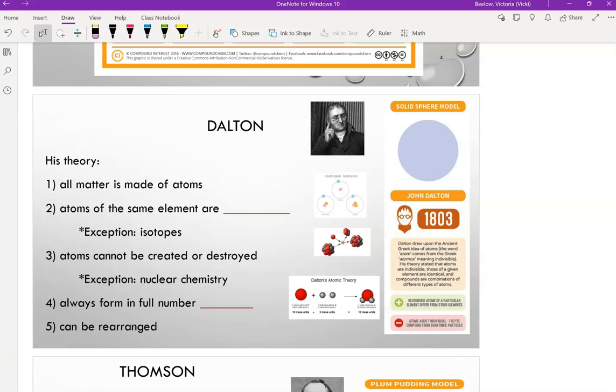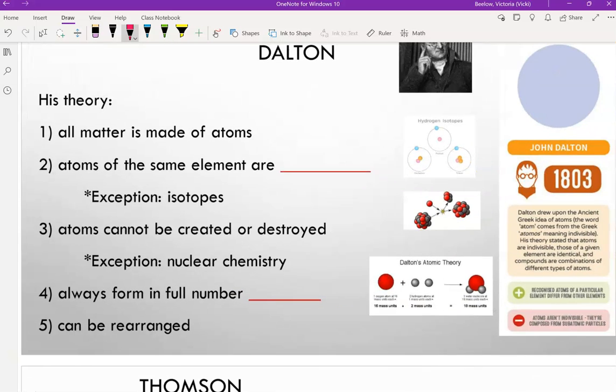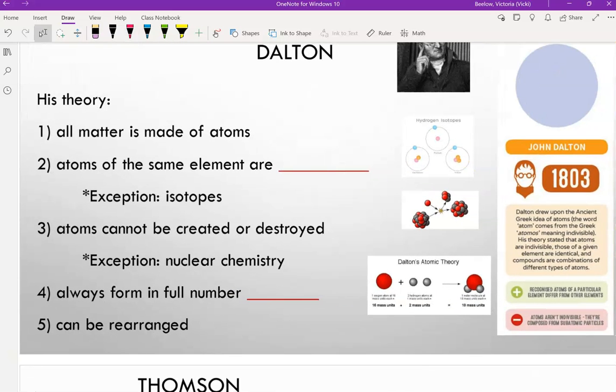And so he proposed in the 1800s this solid sphere model. And he was just saying, there has to be something that is the smallest unit, that you can't make any smaller. So he stated that all matter is made up of atoms.